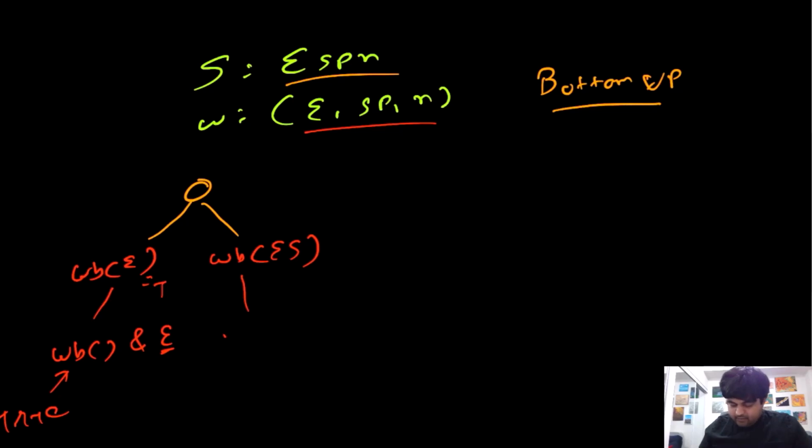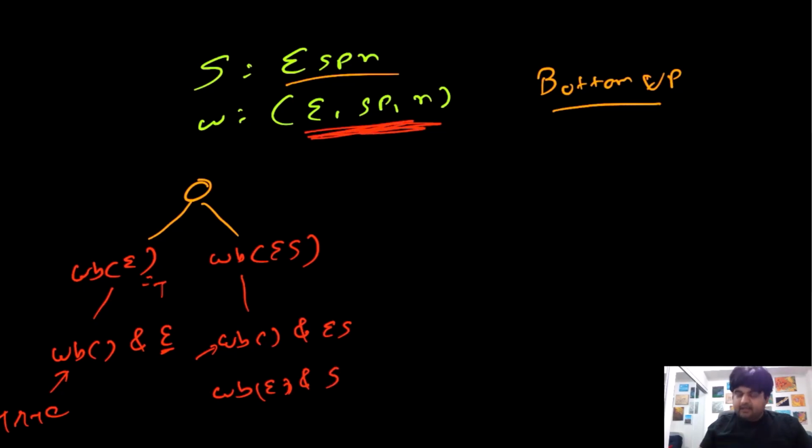Either we can do a word break of the empty string and check whether this es value is present in this word dictionary, or we can do a word break of e, because we know that the word break of empty is always true, and check whether the value s is present in the given word dictionary. And word break of e, we already know how to do it. For this word break of e, we need to do word break of empty, and calculate whether this e is present or not.